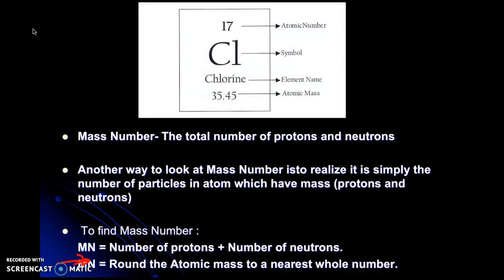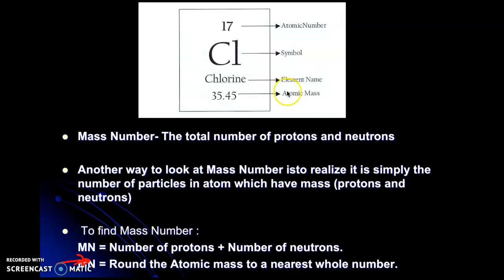And notice where my cursor is going right now. So there's my atomic mass. It's 35.45. A simple way to get the mass number is to round to the nearest whole number. So you can take an atomic mass, round it to the nearest whole number, and you will have the mass number for that element.